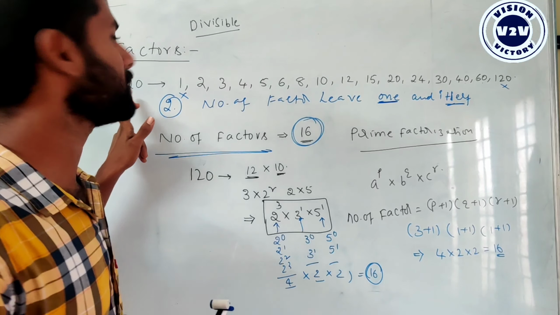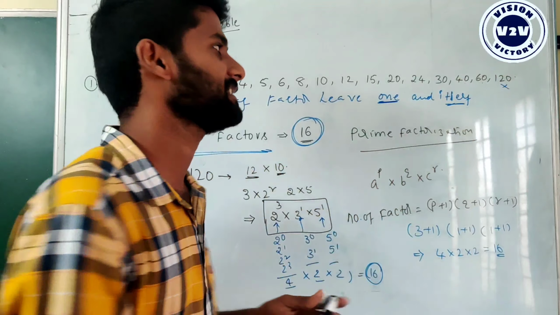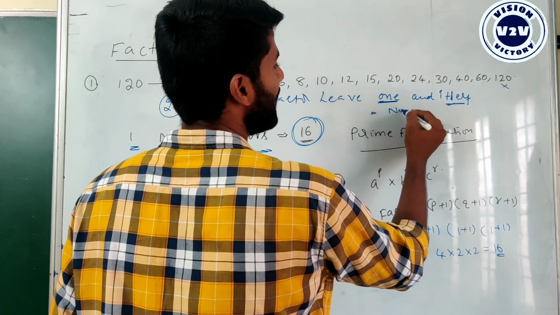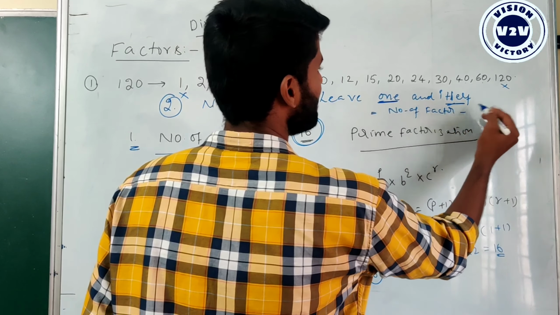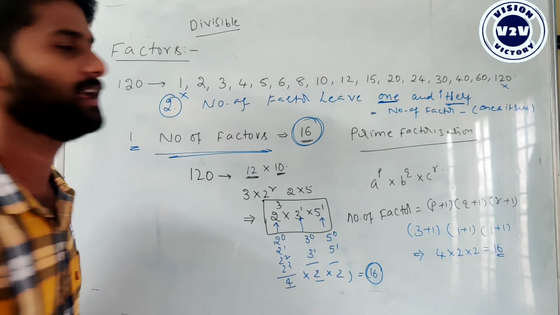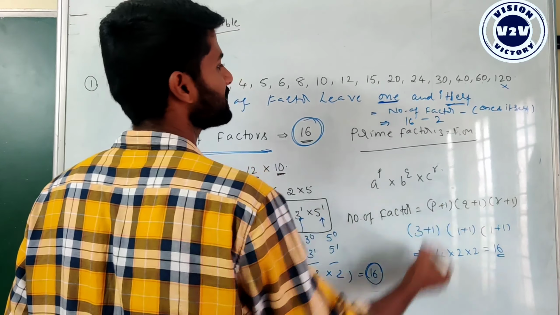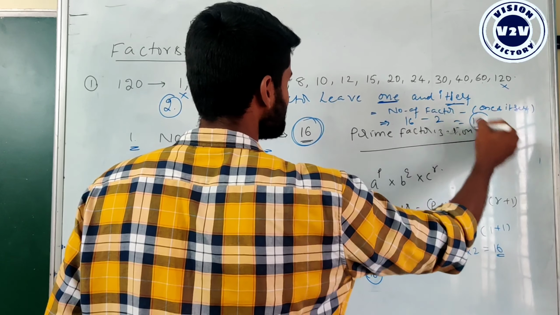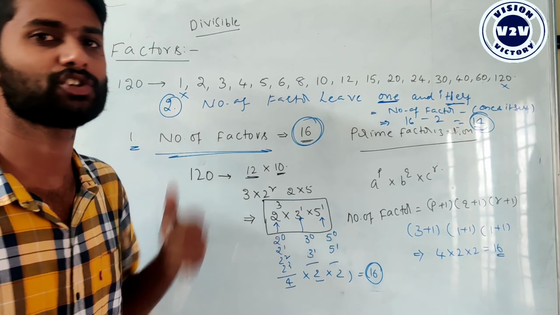We already know that the total number of factors of 120 is 16, and we leave 2 factors, so the answer is exactly the number of factors minus 2, leaving 1 and itself. We already know the number of factors is 16. We leave 2 factors. The total number of factors leaving 1 and itself is 14. So this is the second question related to factors.